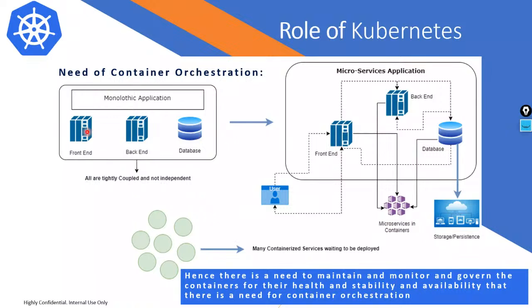But anyway, my question is not that. My question is why we are gradually moving towards microservices, because of the advantages that we have already discussed. These are loosely coupled. Still there is a front end, a back end, and a database, but they are in the form of small microservices.